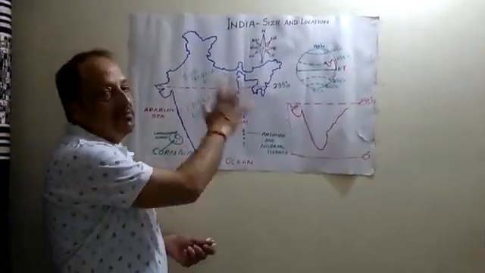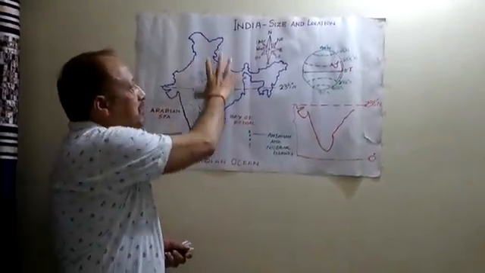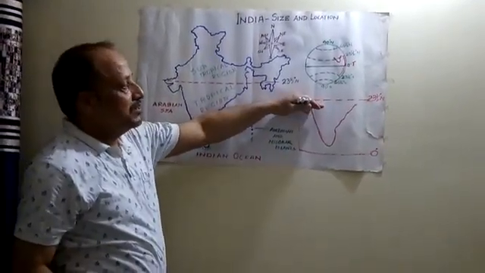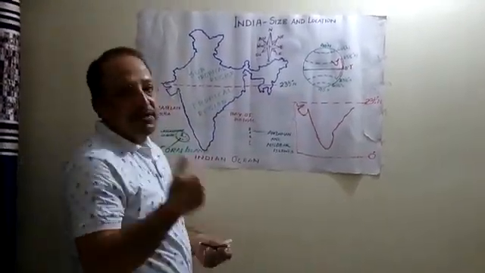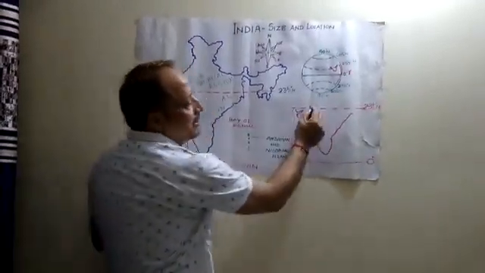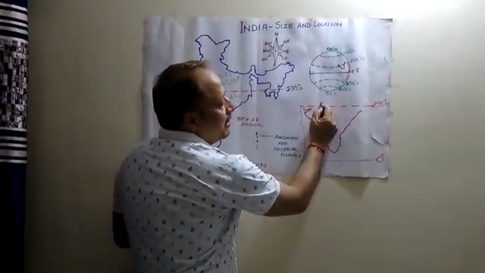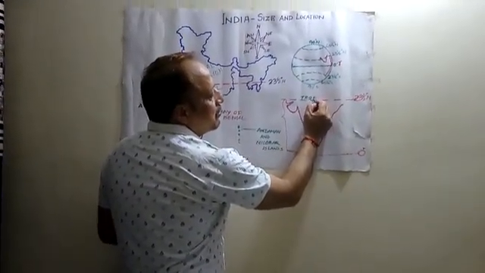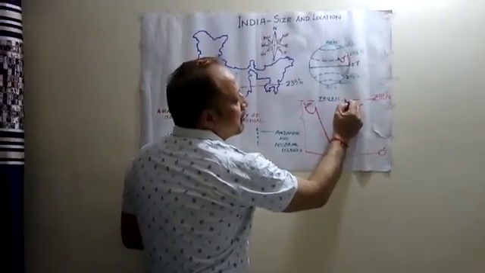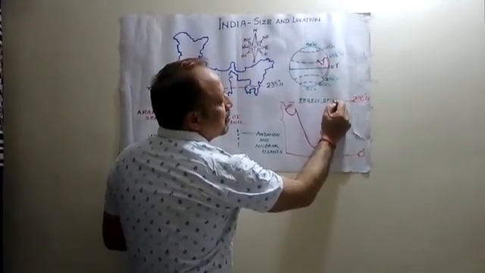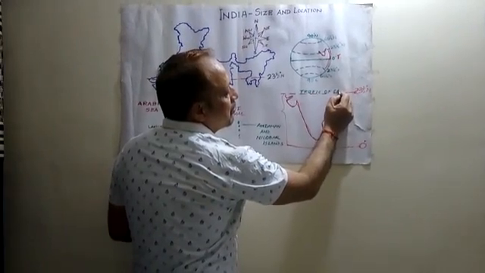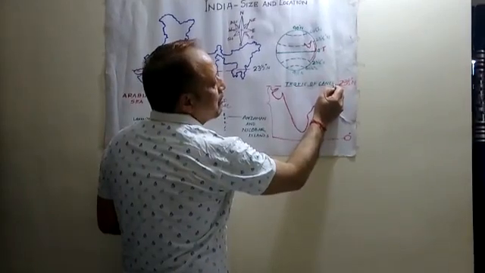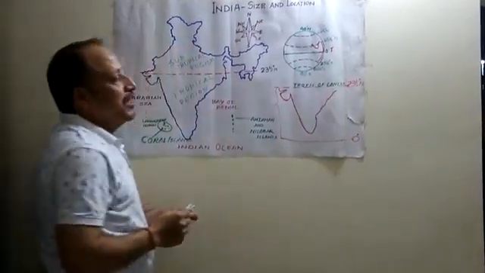So please remember this much about India, how it is divided by an important latitude, that is the Tropic of Cancer. I am repeating, the Tropic of Cancer is 23.5 degrees.